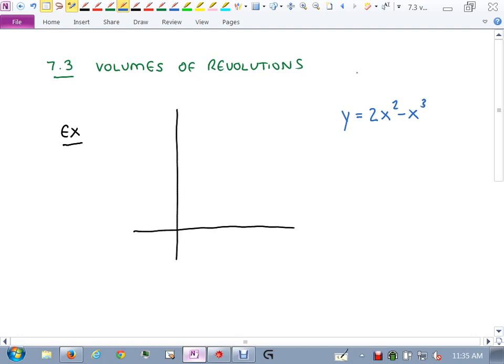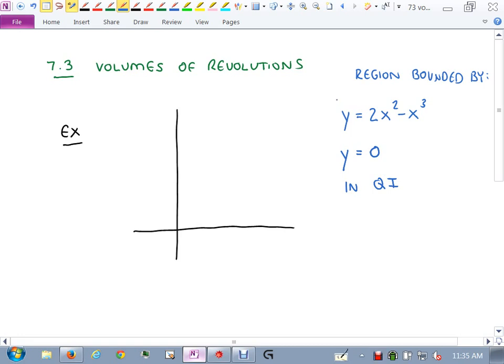I want to take the region bounded by this and y equals 0 in the first quadrant, in Q1.